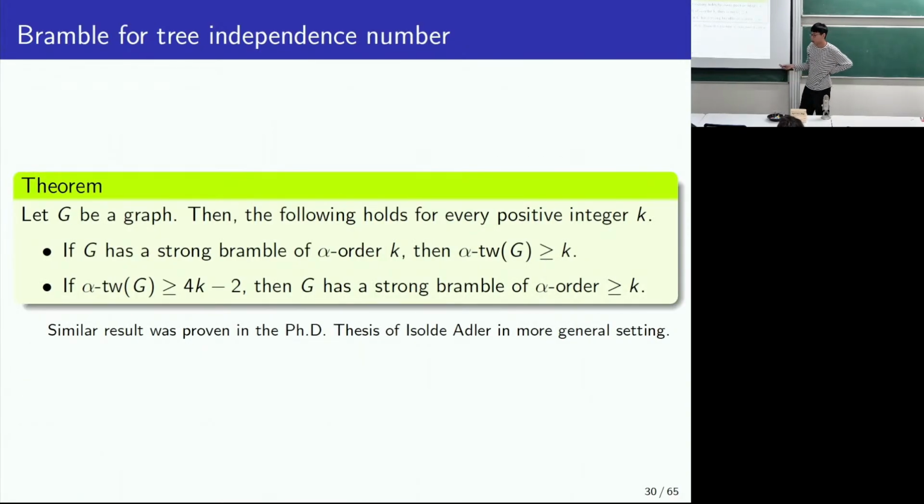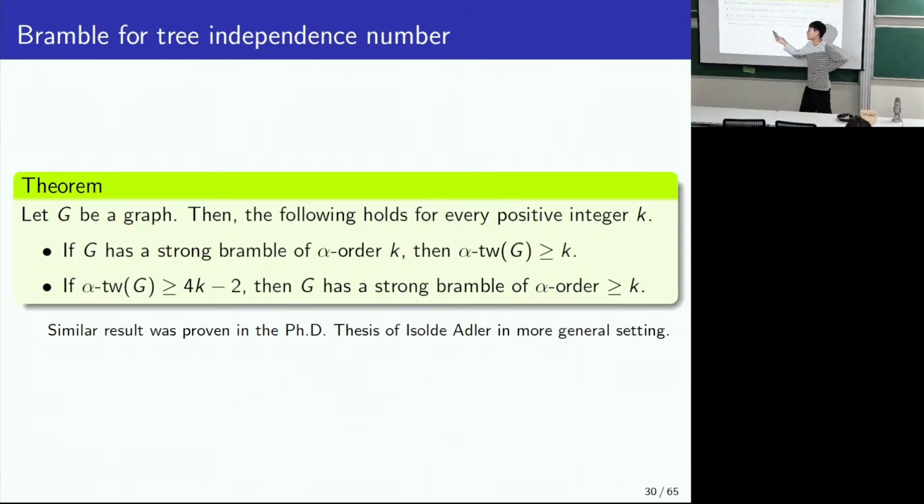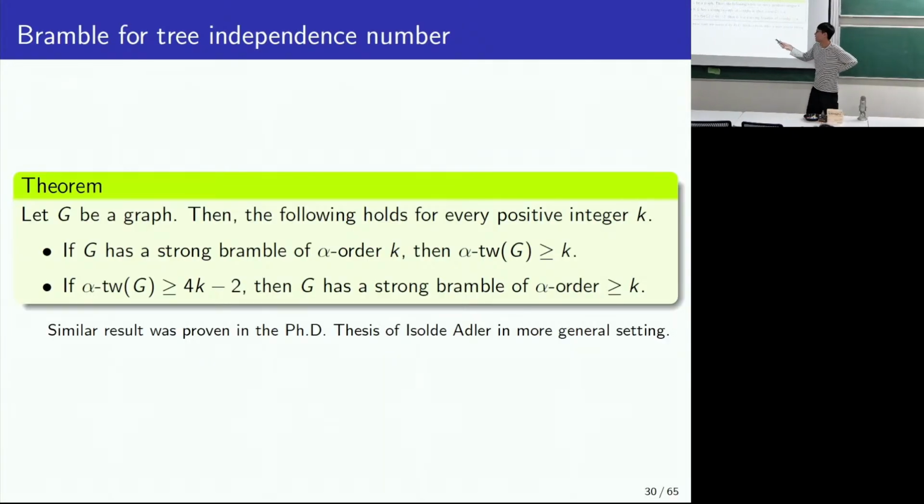So here is the approximation duality between the alpha order of a strong bramble and the tree independence number. We show that if a graph has a strong bramble of large alpha order, then the tree independence number should also be large. And on the other hand, if the tree independence number is very large, this graph has a large strong bramble.